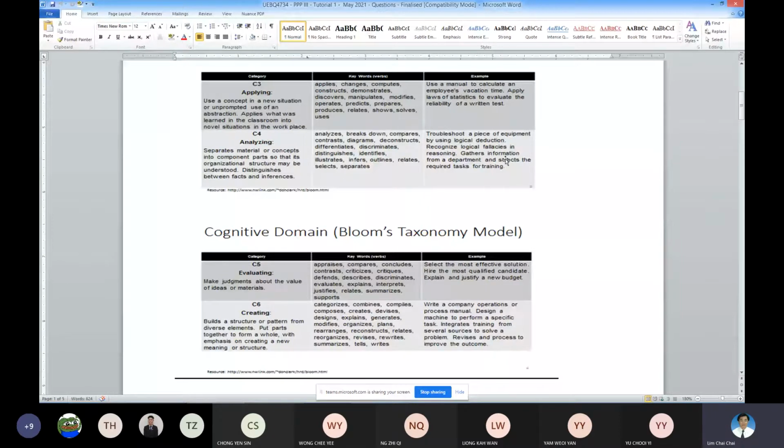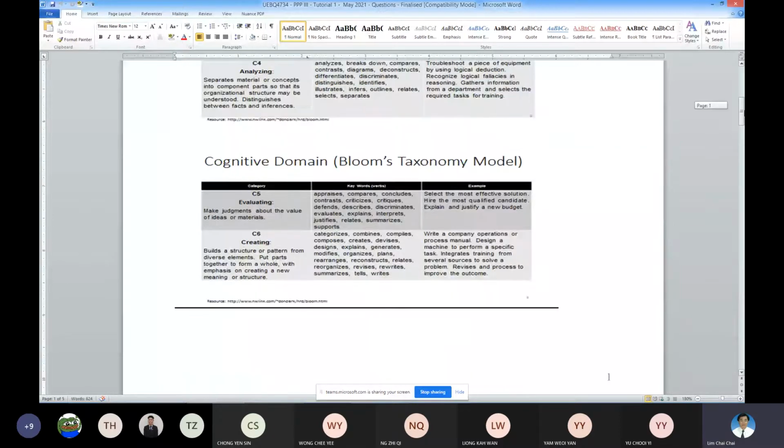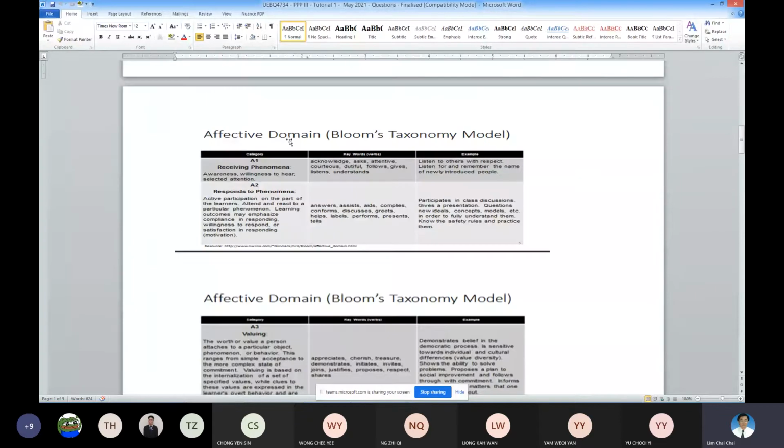The next item is on the feelings. The affective domain is more towards your heart, your feelings, your passion, and so on. If we test you using a heart approach rather than a mind or brain approach, this is the area we are going to test.